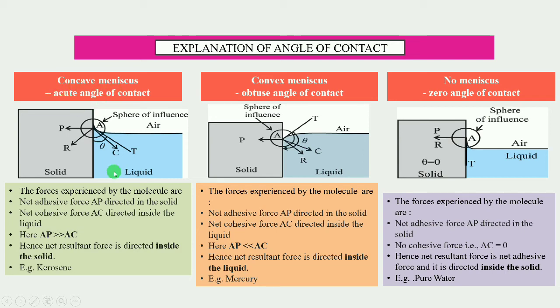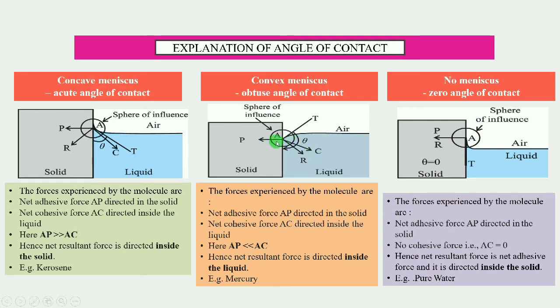Okay, now next, when we consider the type of liquid which does not come in contact with the solid or which does not wet the solid, that is mercury and glass. Okay, as it is not coming in contact with the solid, the adhesive force is very small and the cohesive force is very strong as compared to the adhesive force.